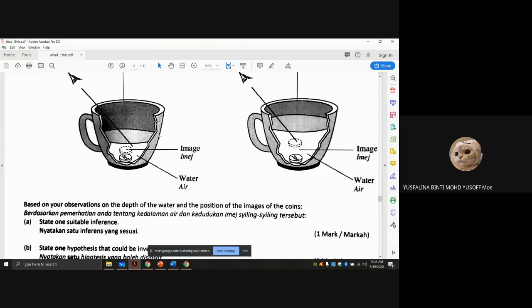The question says the man feels it harder to pull two boxes compared to one box. So in the inference you say that the hardness to pull the box depends on the amount of box. That one you can use for inference and hypothesis.